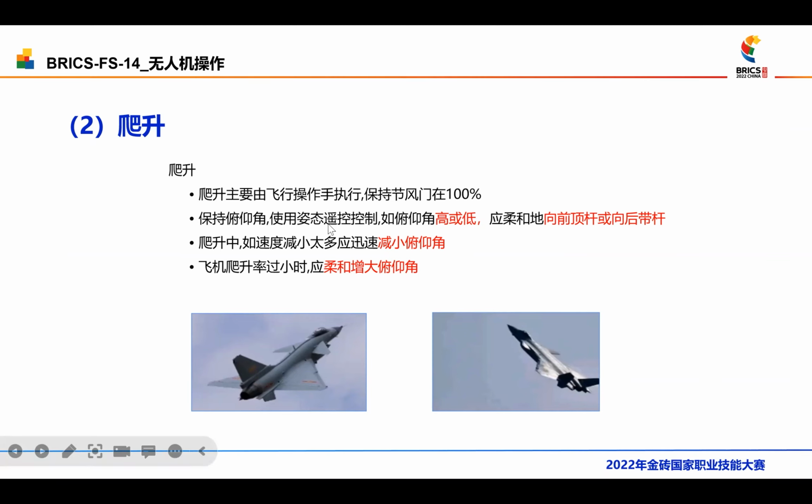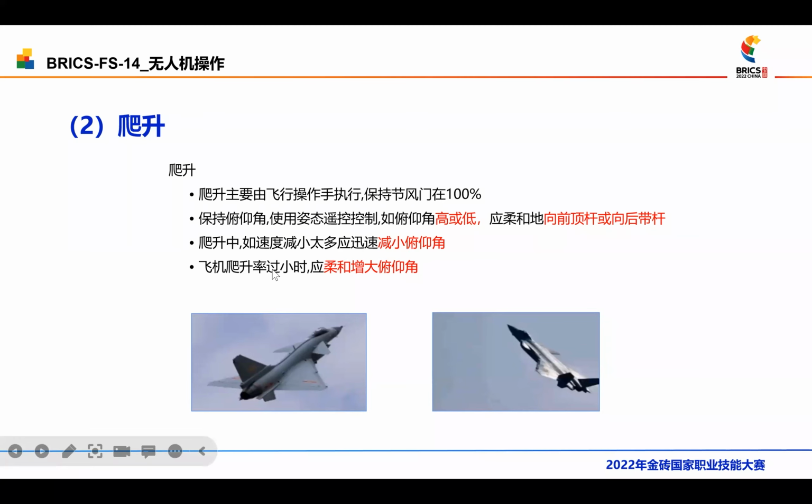The next is climbing. The climb is mainly performed by the flight operator, keeping the throttle at 100%, maintain the pitch angle, and use the attitude remote control.